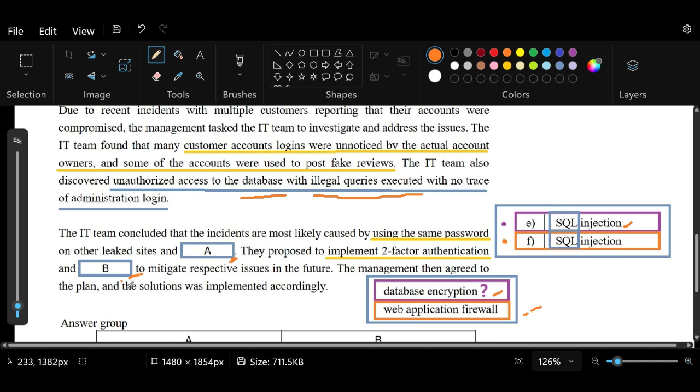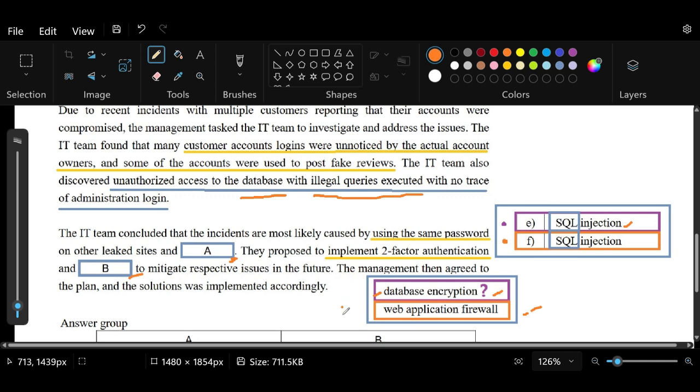But really, the next problem, the blank that we get right after blank A, I thought that it would be the database encryption, because like I said a while ago, we already have a firewall, and if we were to encrypt the database, then even though an unauthorized user uses some kind of SQL injection, the output, I thought, would not be decrypted, so that they won't be able to make use of whatever data comes out when they do the query.